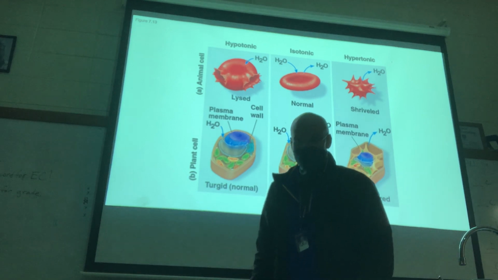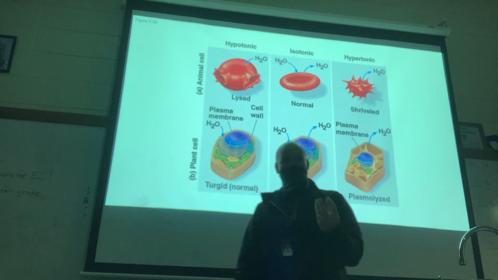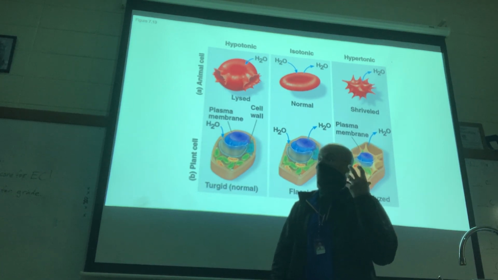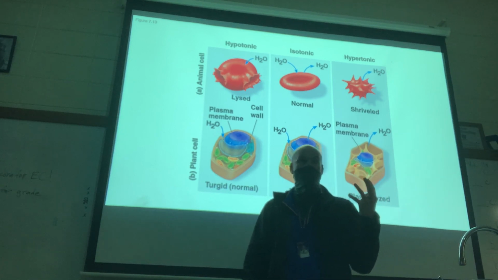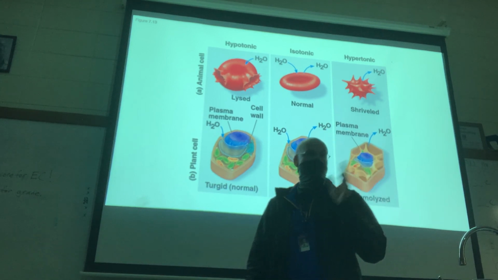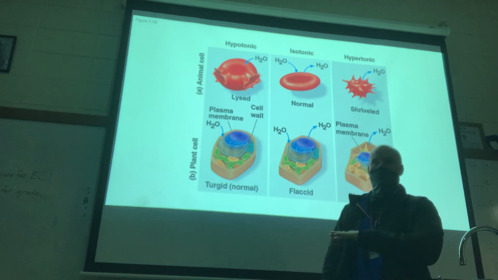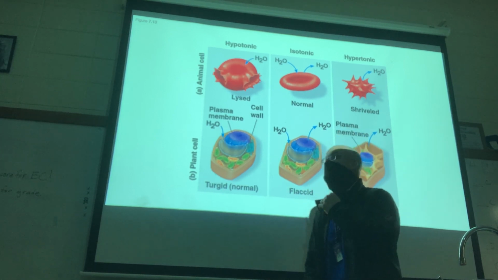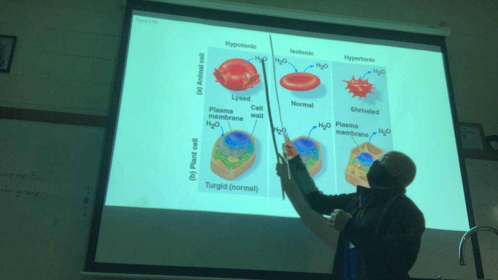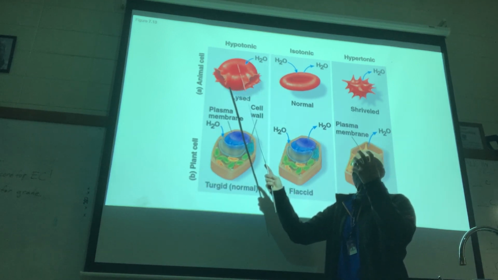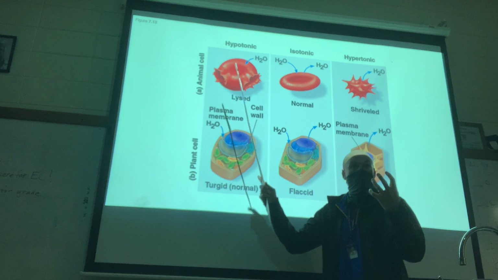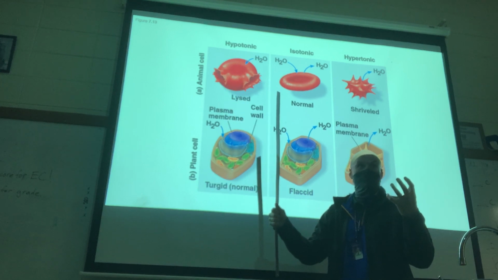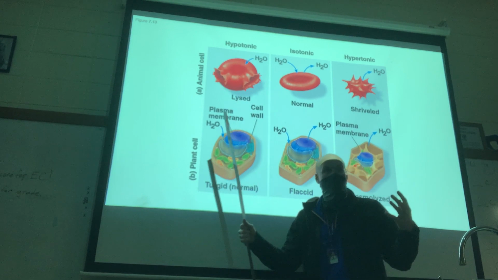So let me ask you, if you drop a cell, which really most cells cannot control where water goes. Water is a tiny molecule, it goes in and out based on osmosis, nothing the cell can do about it, or very little in some cases. If you put a cell in pure water, where obviously the concentration of water is very high, where's the water going to go?